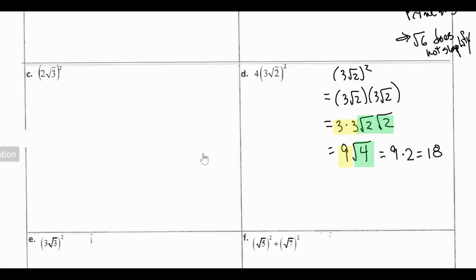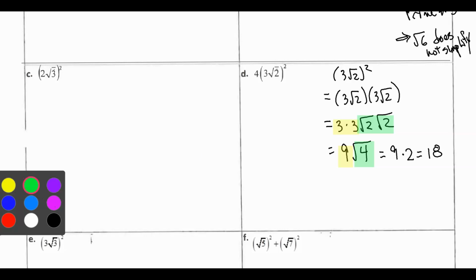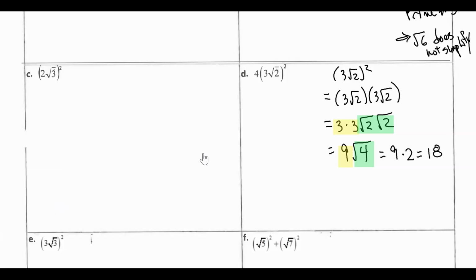So this 3 root 2 squared here is actually 18. So let's go ahead and substitute that back in. So it's 4 times 18, which is going to be 72.